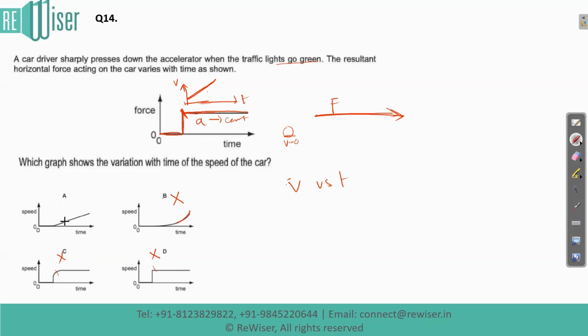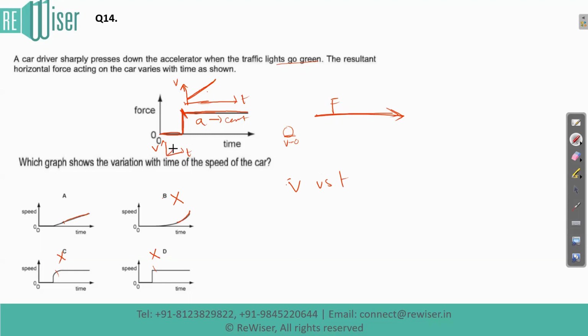Here, as you can see, after this point, the graph is linear. That means uniform acceleration, that means uniform force. And here, if I draw a speed versus time graph, here we'll see non-uniform acceleration, right?